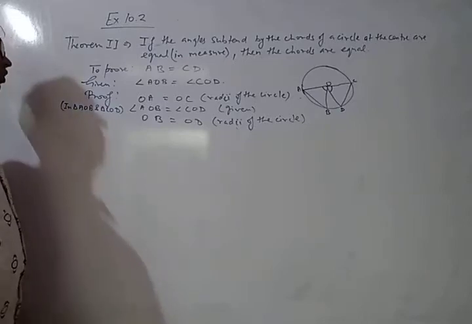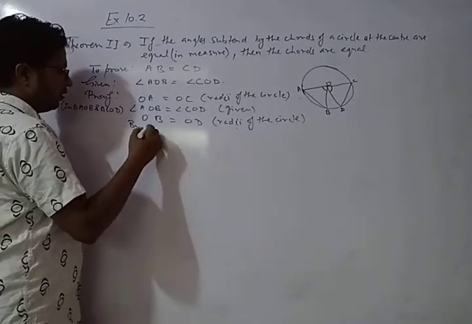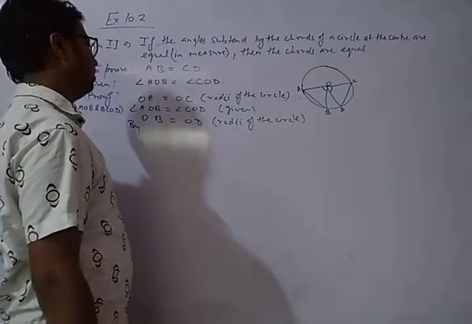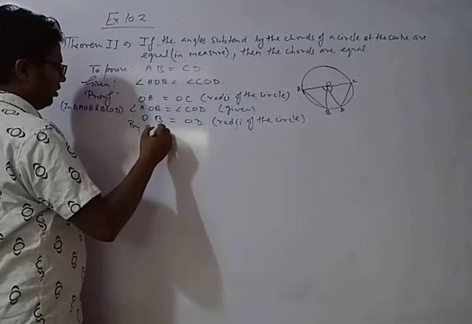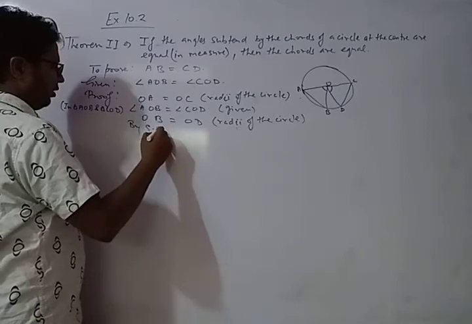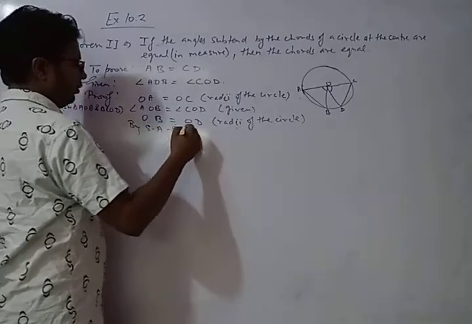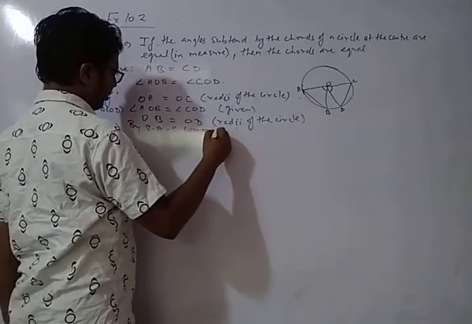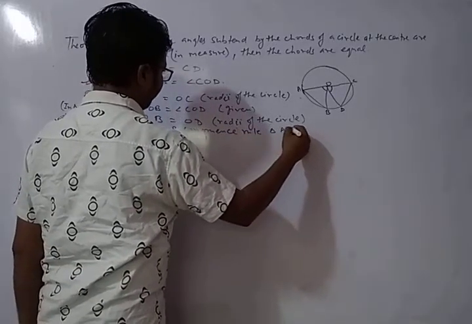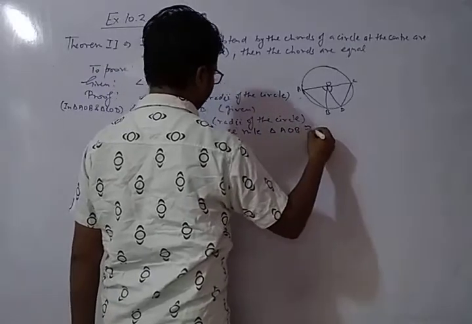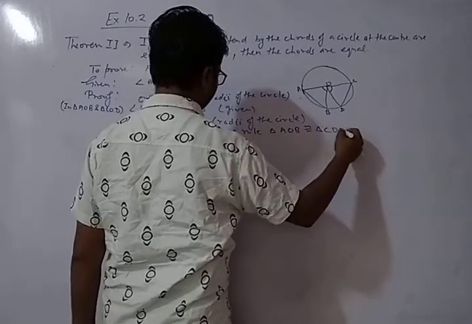Now here the congruency rule will change. By the SAS congruency rule, triangle AOB is congruent to triangle COD.